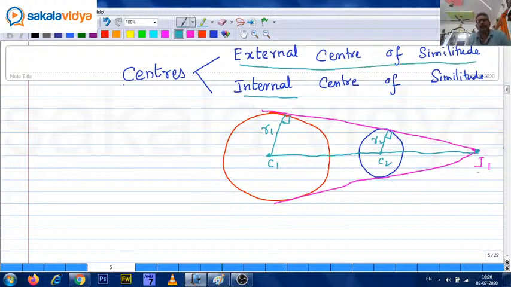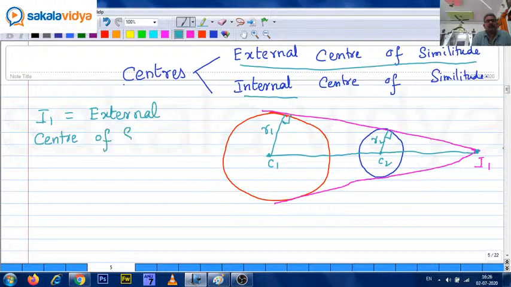So how do we find I1? I1 is called the external center of similitude.